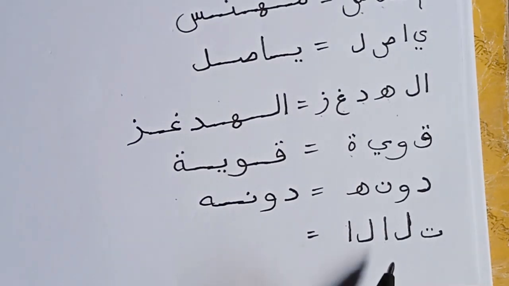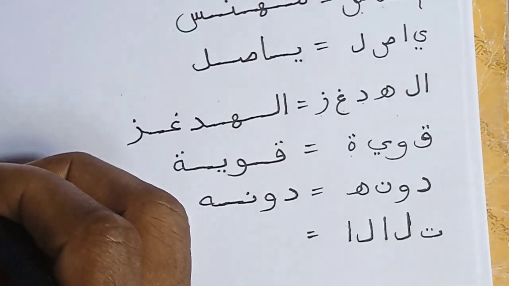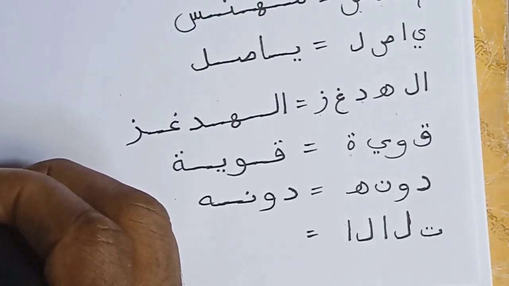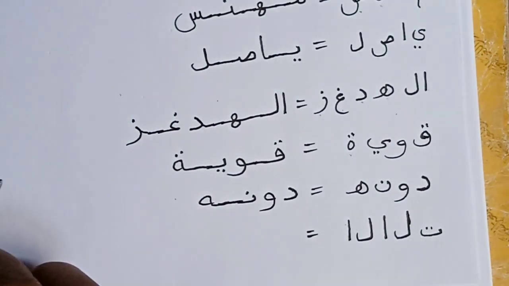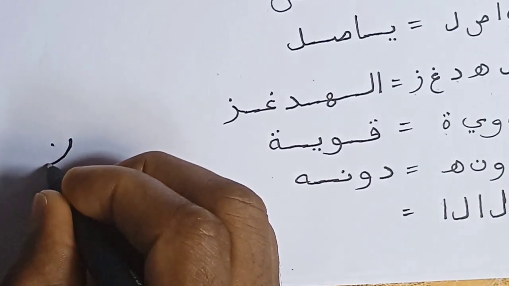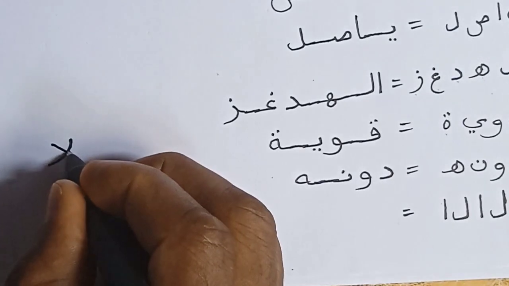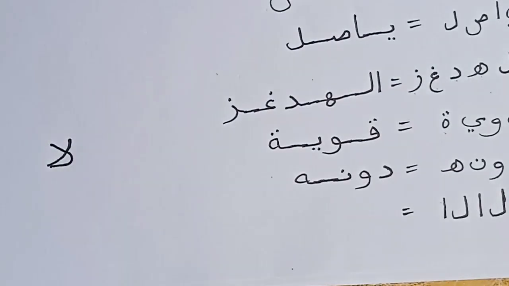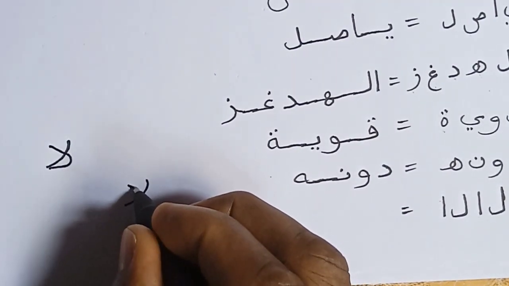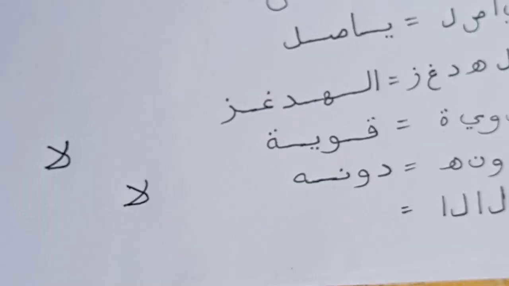So in order to join lam and alif together, in Arabic it is already given its own shape, which appears to be in this shape, and we have something like this and turn it this way. So when you have something like this, this is called the lam alif.